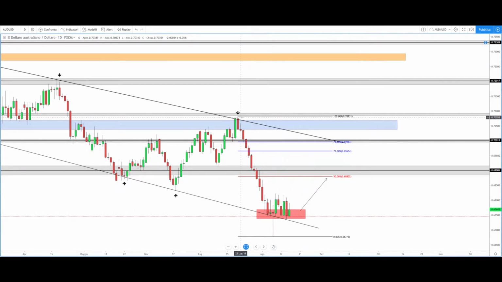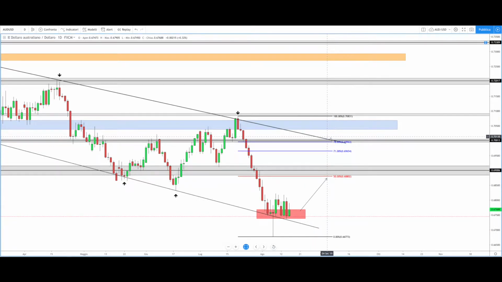Here we can see that from the start of the last bearish phase, using Fibonacci from this point, we have this Fibonacci level just a few pips below 0.69 here. So after this huge stop hunt, I expect a correction around this area before the continuation to the upside or the next bullish move.